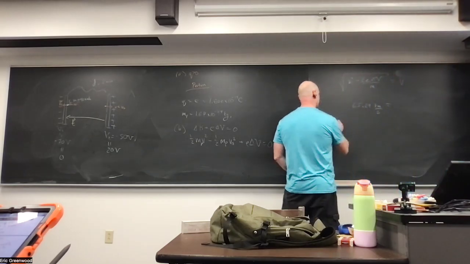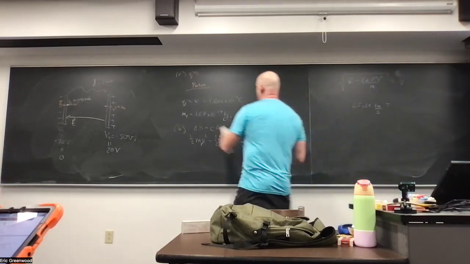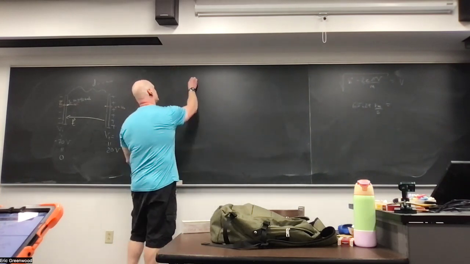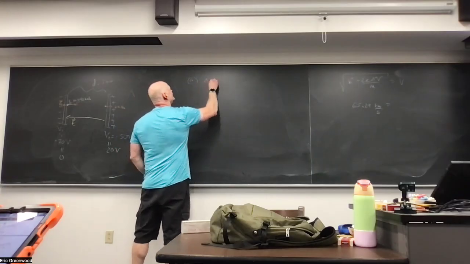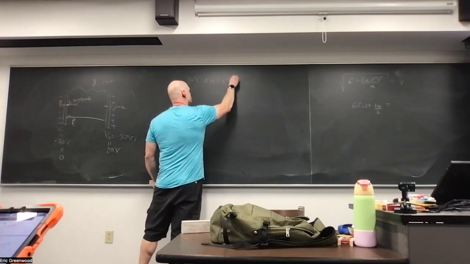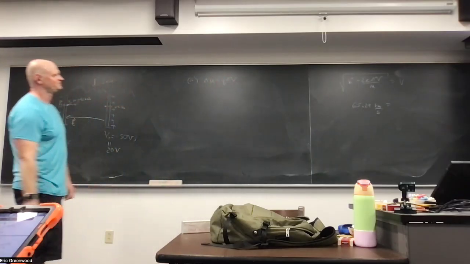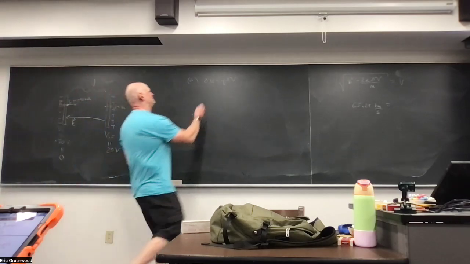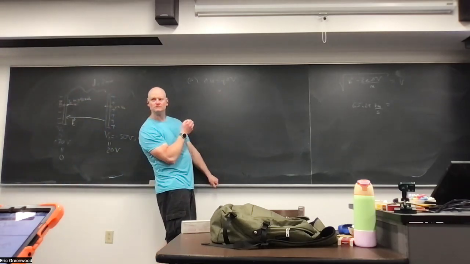So all this is asking is, for the first part, what is my change in potential energy? Well, we now know that the change in potential energy is simply the charge times the change in electrostatic potential. That's it. Nice and easy. So in this case, we have an electron. What's the charge of an electron? Positive or negative? Negative.